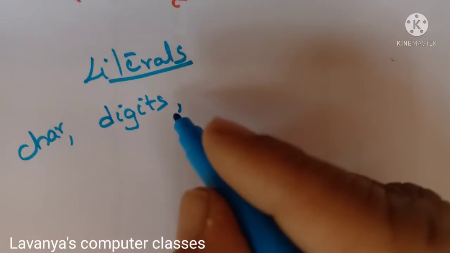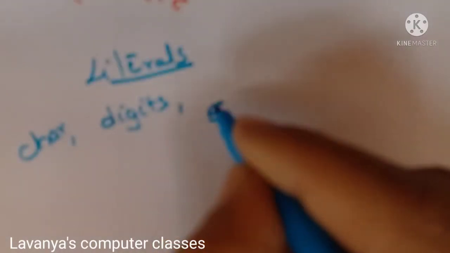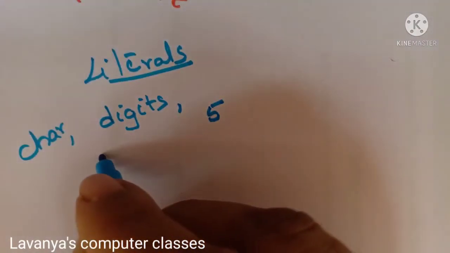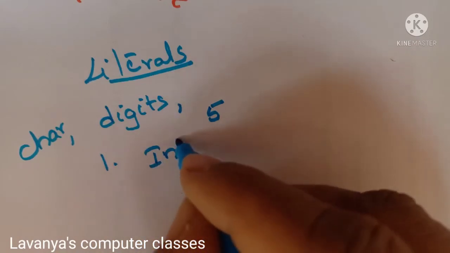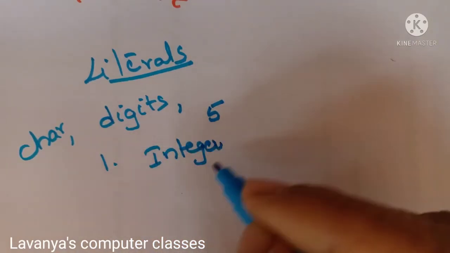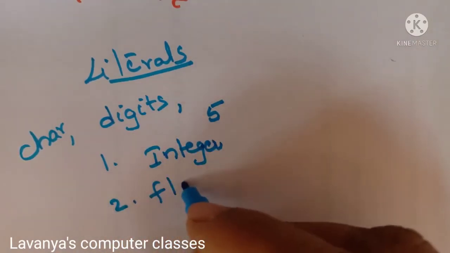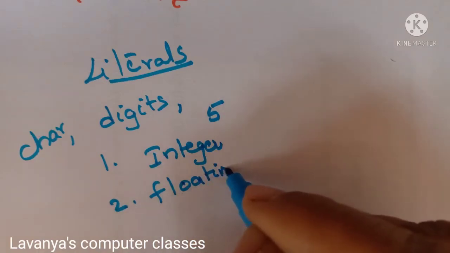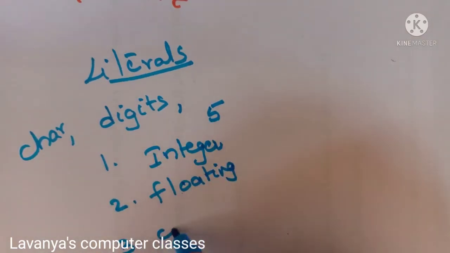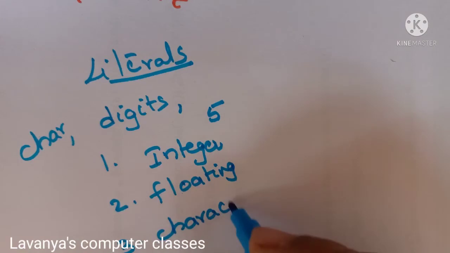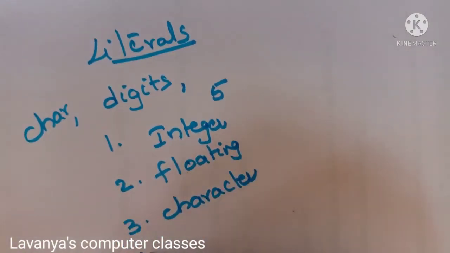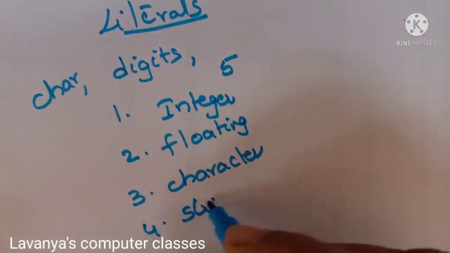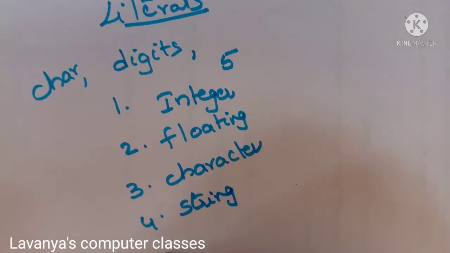These literals are again divided into five types. What are those? First one is integer literals, second is floating point literals, third one is character literals, fourth is string literals, and fifth one is Boolean literals.